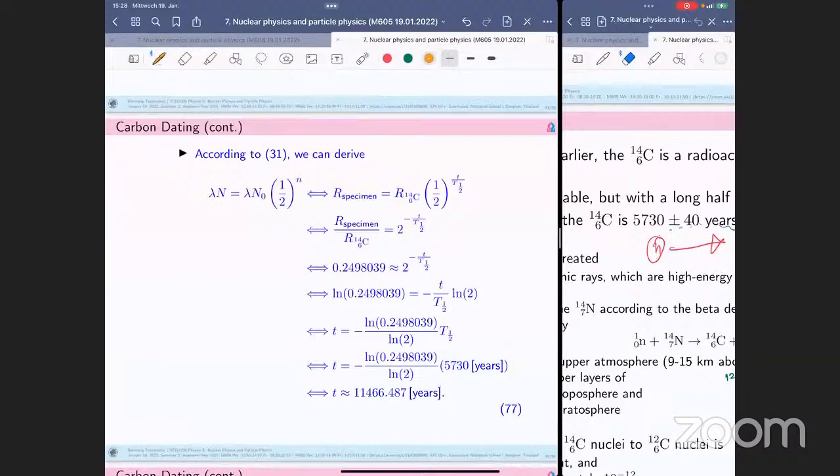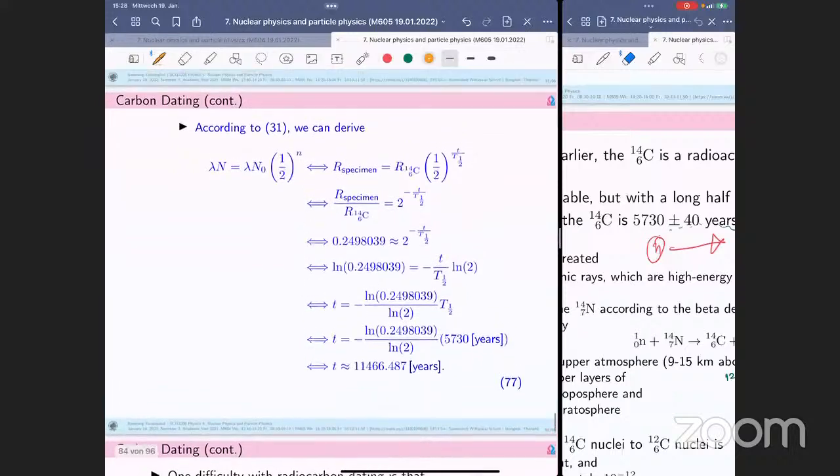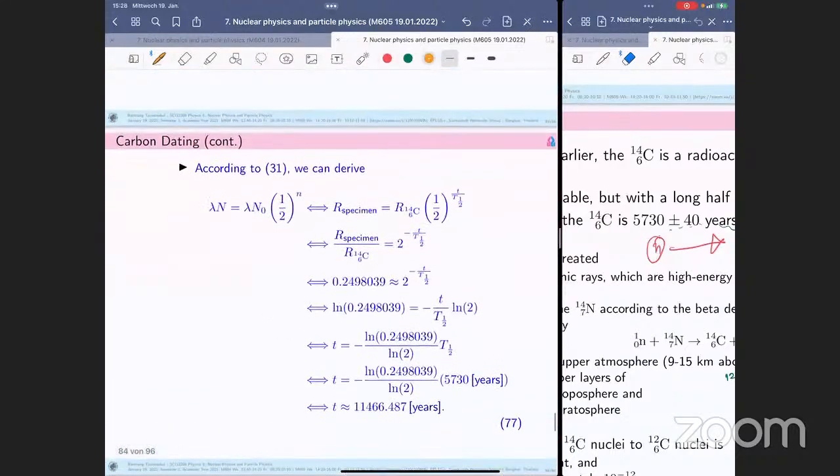So that specimen started to die 11,466 years ago, approximately, plus or minus 40 years. Okay, so that's the age of that object, around 11,000 years ago.